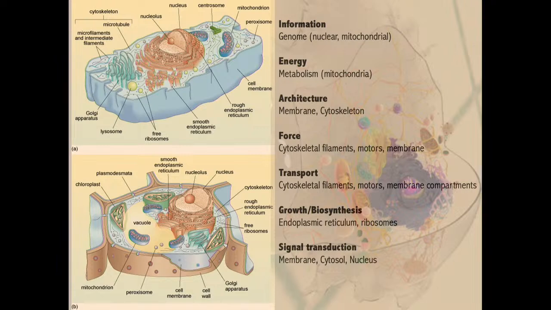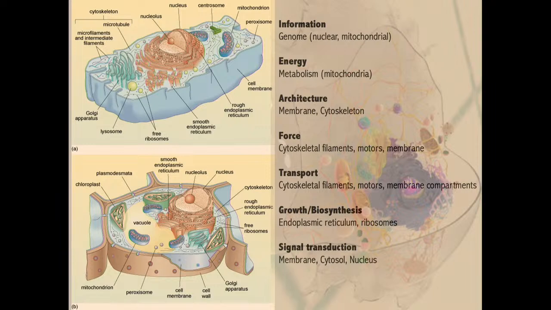Cells require energy to deform themselves, and this comes through metabolic pathways that happen largely in the mitochondria. Their ability to deform relies on the properties of the membrane that surrounds the cell and the cytoskeleton, about which I'll say a little bit more later on.